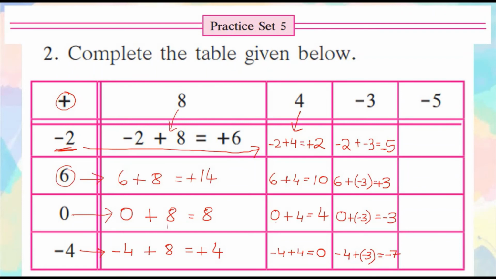So I will write here minus 7. So this is how we are supposed to solve this table. Now the last column which we have is for homework. All the 4 sums, you are supposed to do for homework. Do it in your maths notebook. Okay. This is how we complete practice set 5.